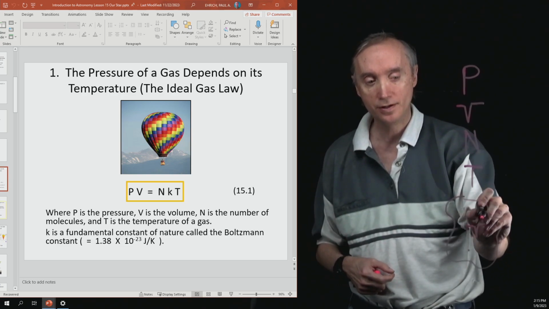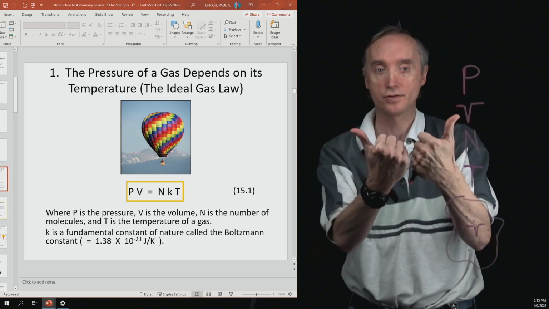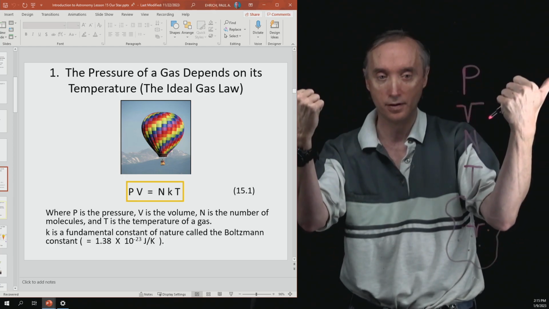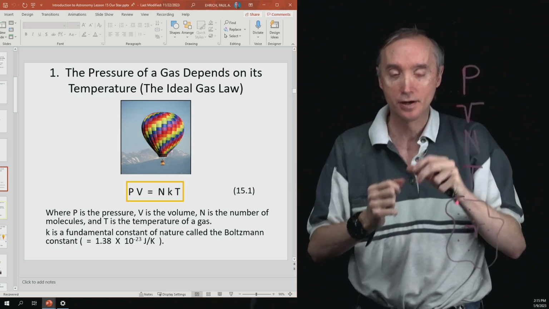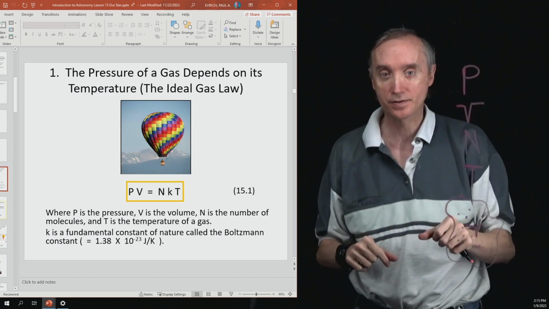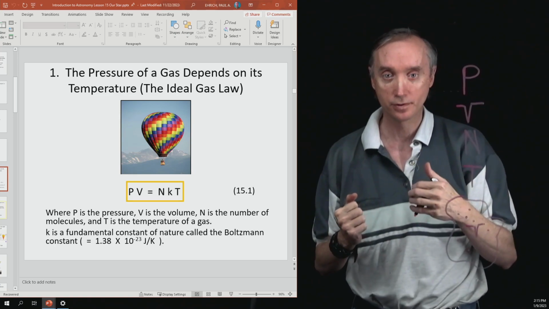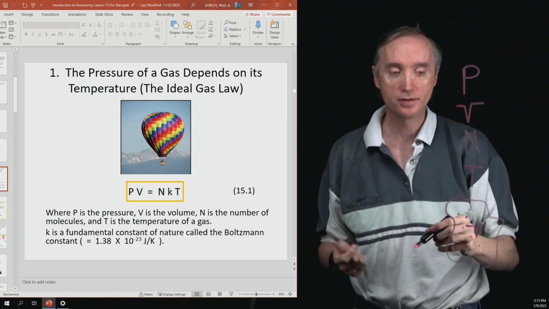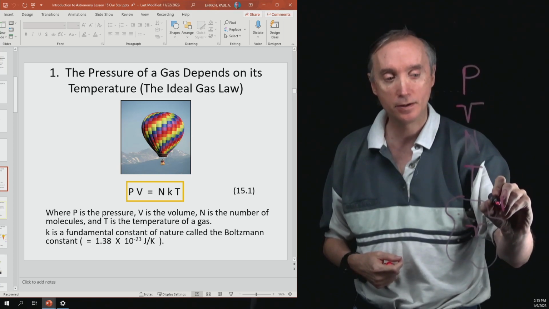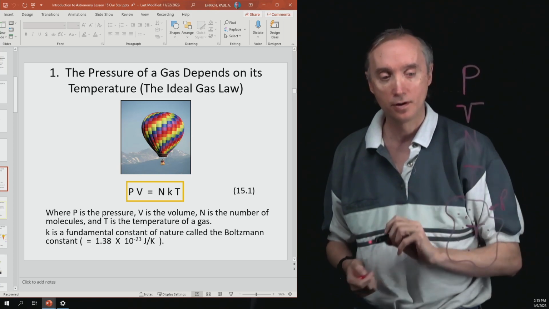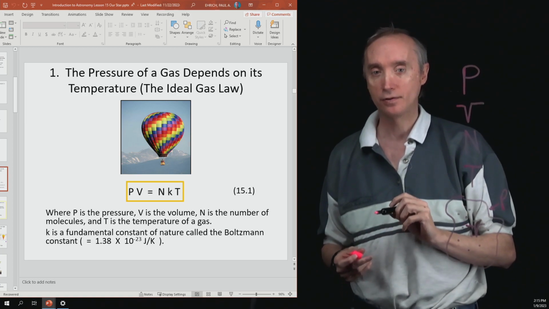The pressure inside of this gas is pushing outwards. So think about a balloon. The reason why a balloon doesn't collapse is because there's pressure inside of it pushing outwards. But for our purposes, it's sometimes better to think of the pressure as pushing inwards on this thing in order to understand the formula.